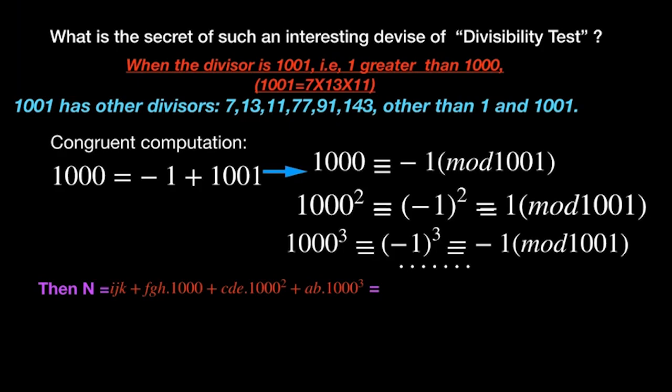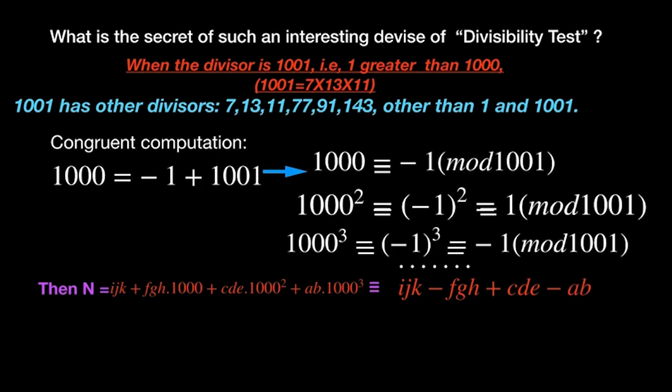And so we can easily calculate the remainder of n like this, because n is equal to ijk plus fgh into 1000 plus cde into 1000 squared plus ab into 1000 cubed. The number can be expressed as a summation of powers of 1000 multiplied with 3-digit blocks from the right side. By putting in the remainder values of the various powers of 1000, we can easily calculate the sum.